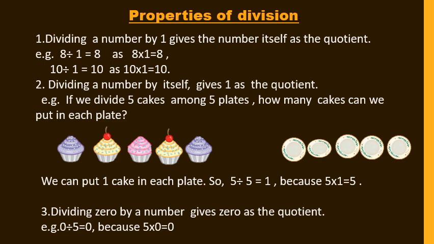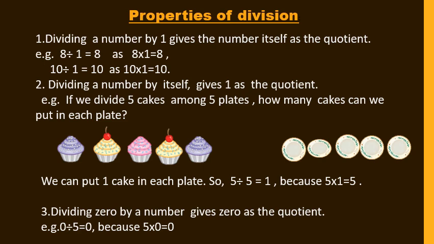For example, 8 divided by 1 equals 8 because we know that 8 ones are 8. Similarly, 10 divided by 1 gives us 10 as 10 ones are 10. From the multiplication table we know that. Okay.